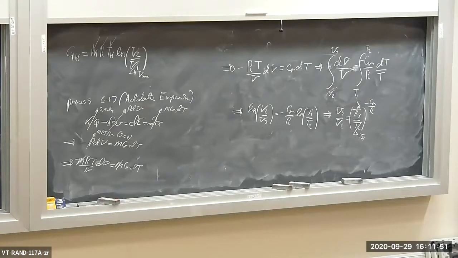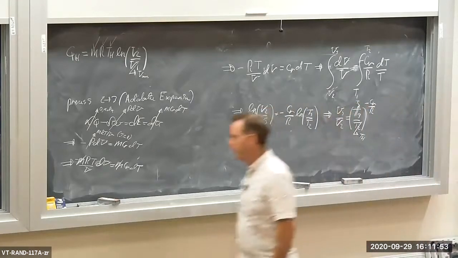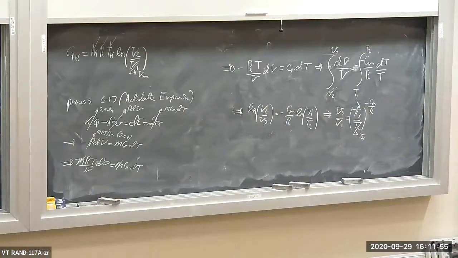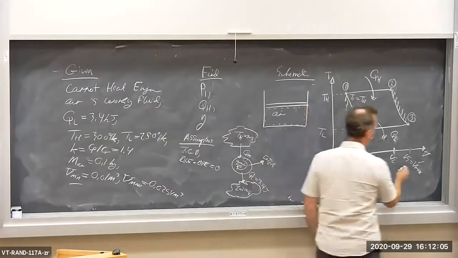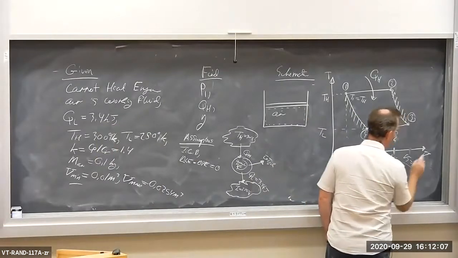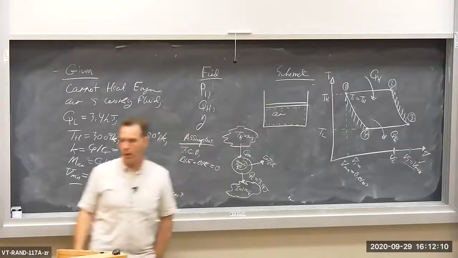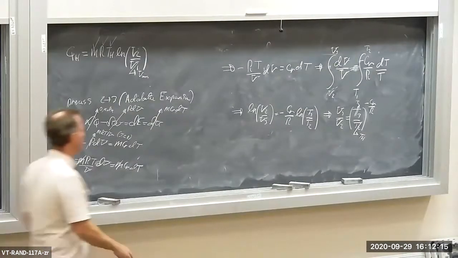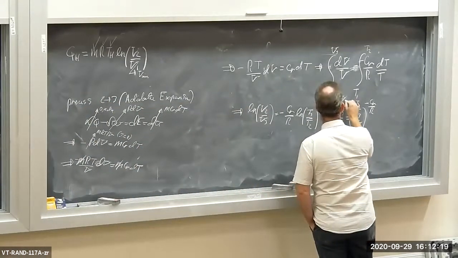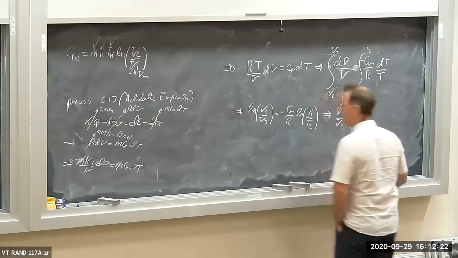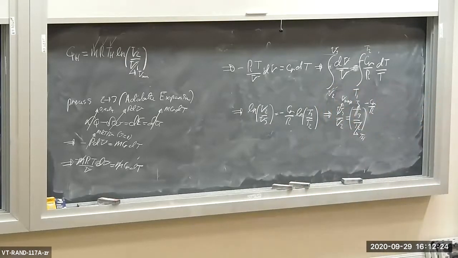So do I know V3? Well, let's have a look at our TV diagram here. V3 is equal to V max. I already said I knew it. Yes, I know V3 as well. The only unknown in that equation is V2, and so in theory, I can solve for V2. So V3 is V max.